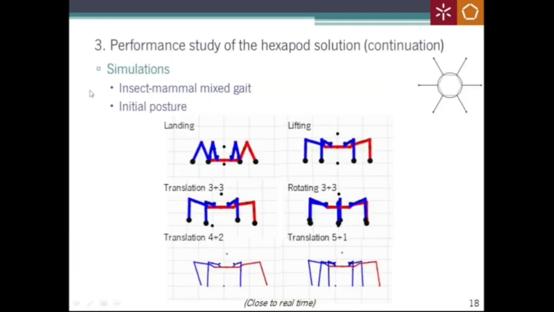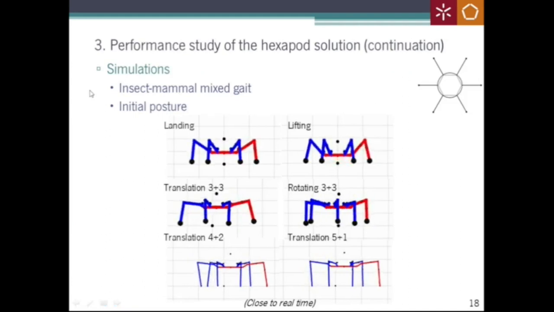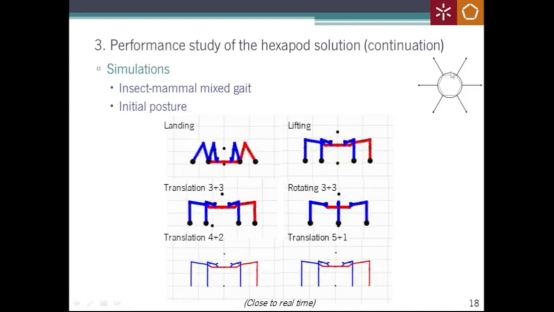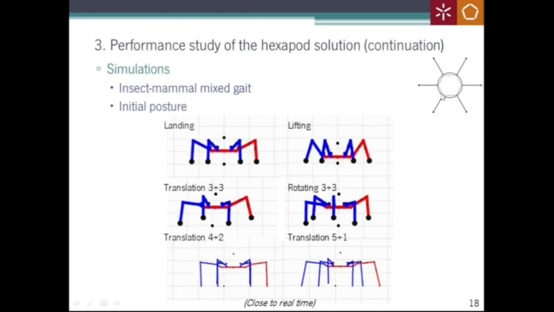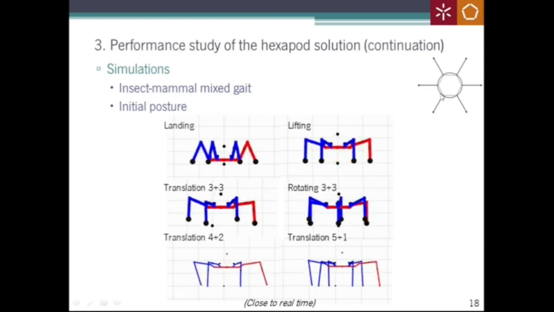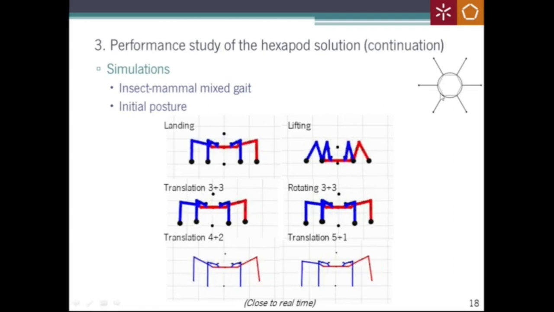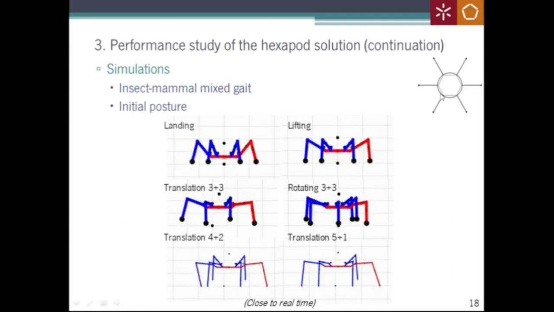Once the robot was defined in the program, simulations were carried out for the mixed type gait shown in the upper right corner, which is a gait with all the legs pointing out from the robot and a predefined initial posture.